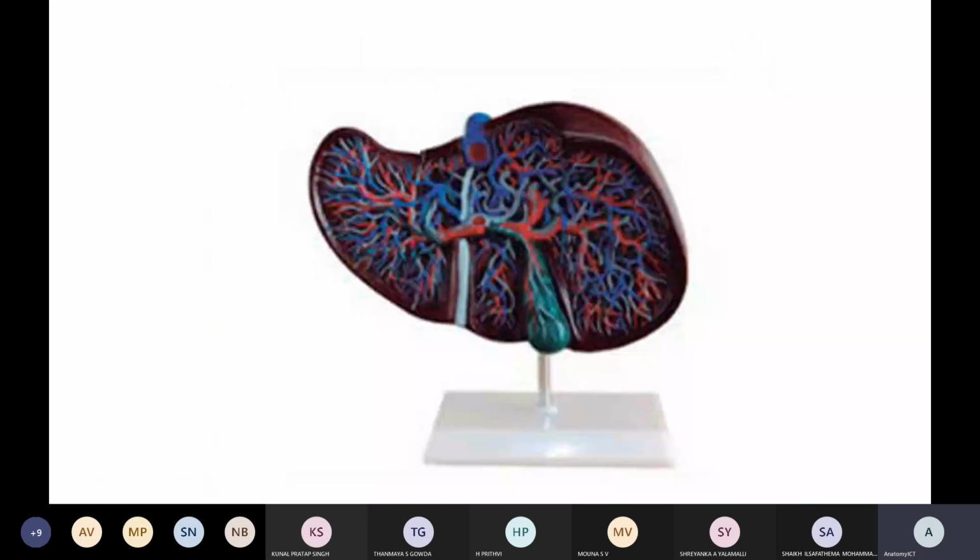Almost the portal vein contains 40% of the oxygen than the blood returning to the heart from the systemic circuit, whereas the hepatic portal vein contains virtually all nutrients absorbed from the alimentary tract and to the liver, with the exception of the lipids, right? So this is how the absorption from the intestine goes to the liver.